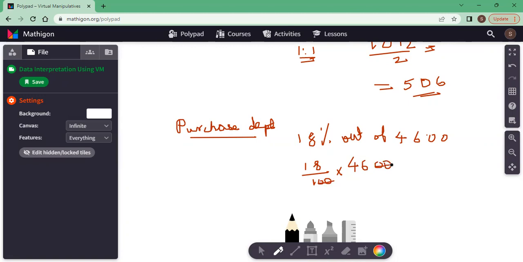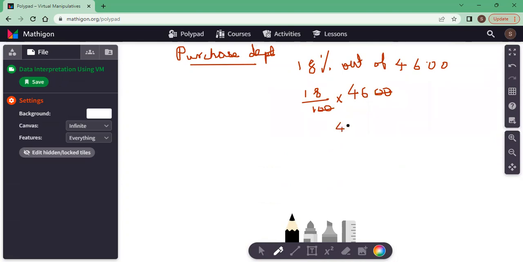Now 2 zeros will get cancelled. So it is 46 into 18. This is a multiplication strategy for 12 to 19. It is called the ultimate and twice the penultimate.